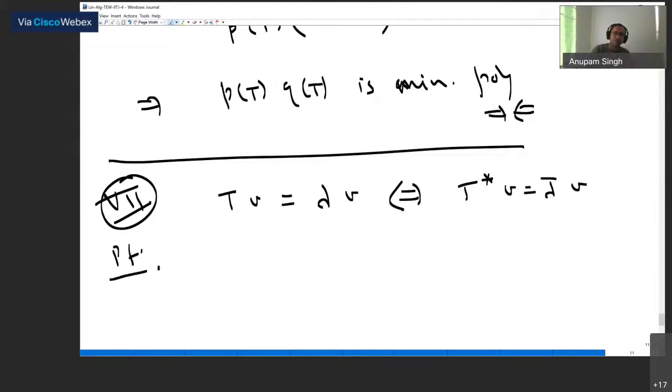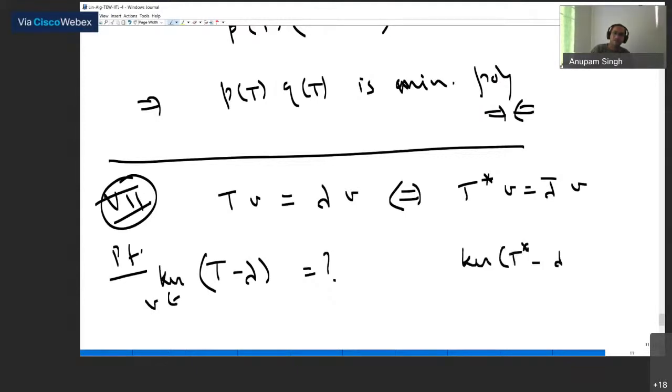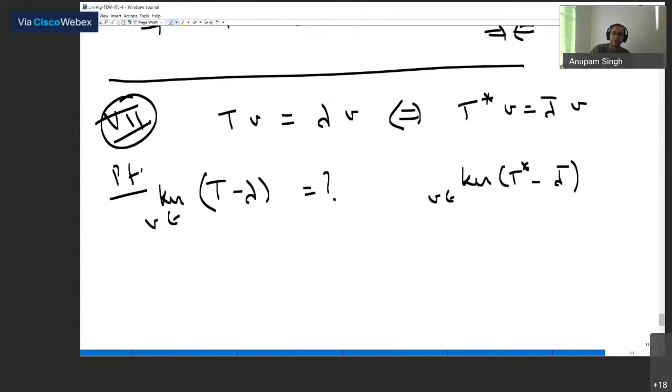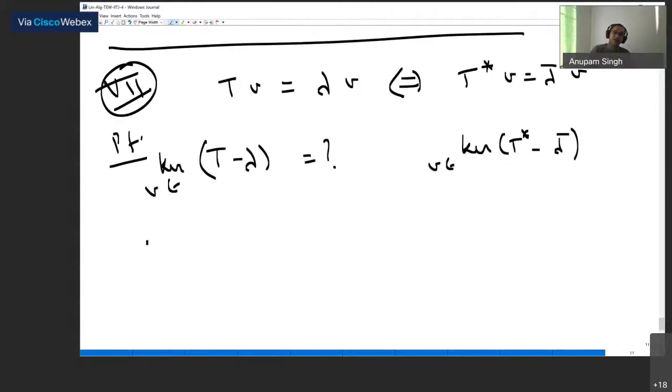The proof of this is quite easy. I wanted to know the kernel of T minus lambda, right? V belongs to this, and on the other side, it is the kernel of T star minus lambda bar, and I want to say that v belongs to this. So somehow we want to say that the kernel of T minus lambda and T star minus lambda bar are the same.